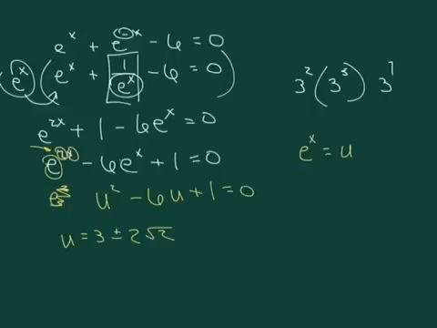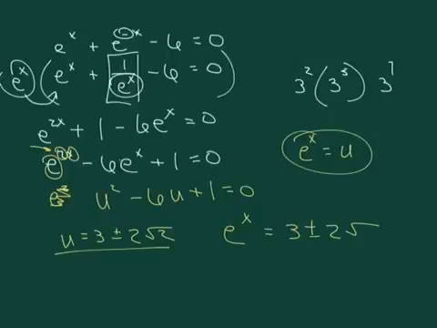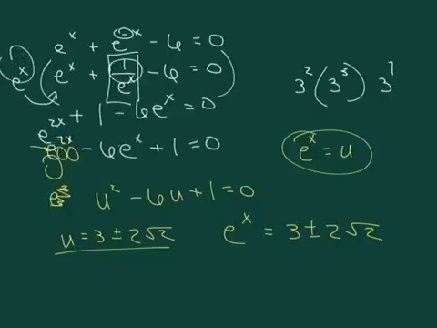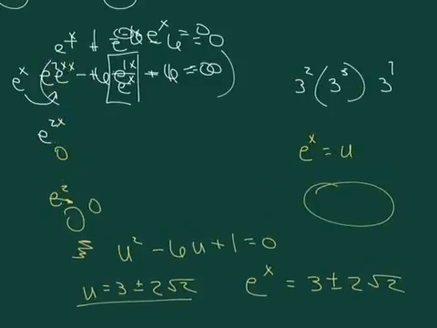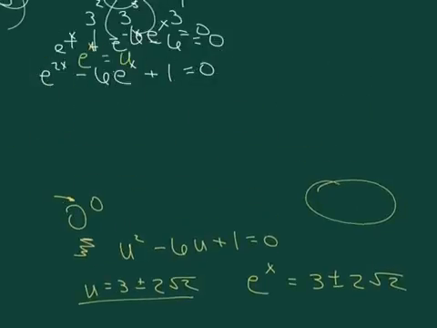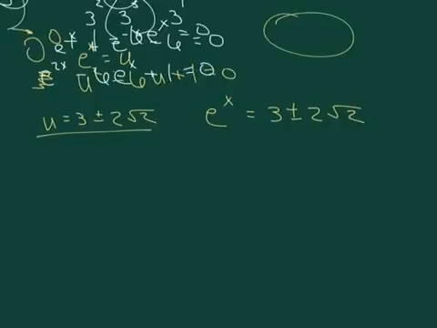Once we get that, we can replace our u with e to the x. So e to the x then is equal to 3 plus or minus 2 square root of 2. Makes sense? Now that we're in exponential form still, I am going to get rid of some of this stuff here so we can see where we're going.